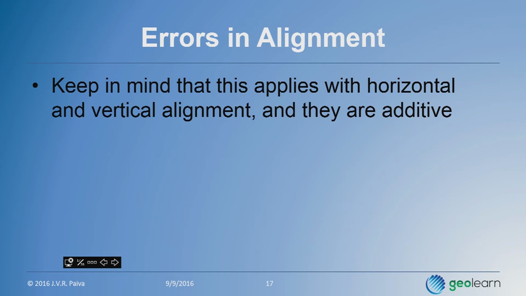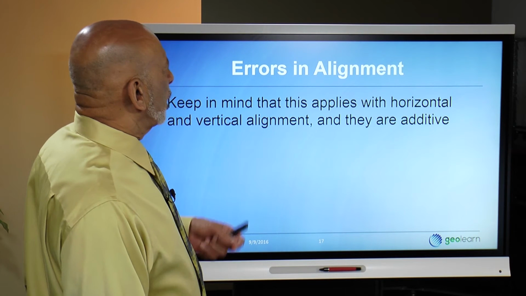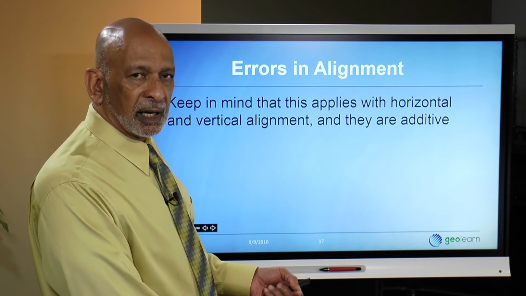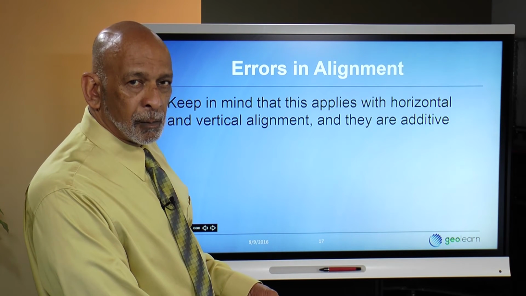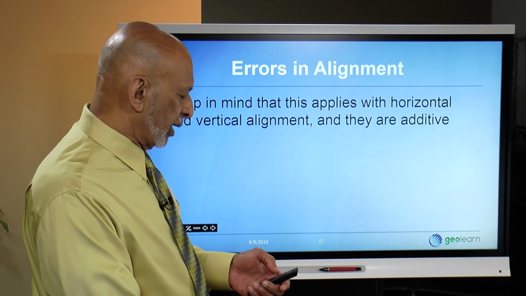So keep in mind that this applies with horizontal and vertical alignment, and they're additive in the sense that you never make a compensating error that's in the other direction to get back the shortening effect of being out of alignment.